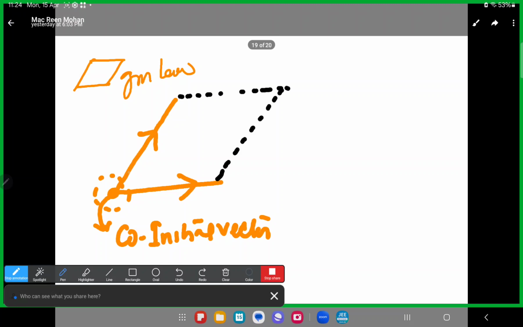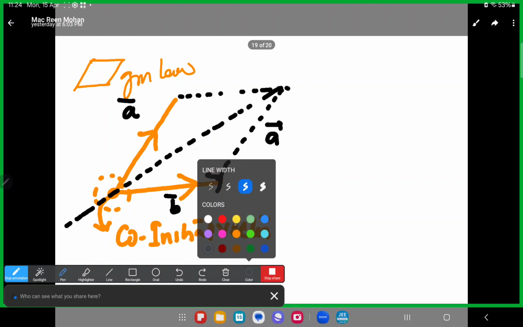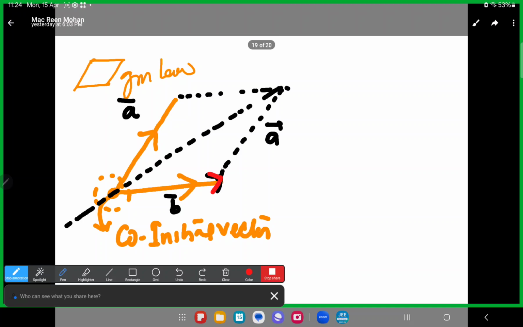Clear? So here the result is the leading diagonal. Let's say A and B, two vectors are there. If this is A, the parallel side is also A. So don't you feel it is literally following the triangle law? Head and the tail to head, now tail to tail and head to head. So this will be A plus B. This is the resultant vector.